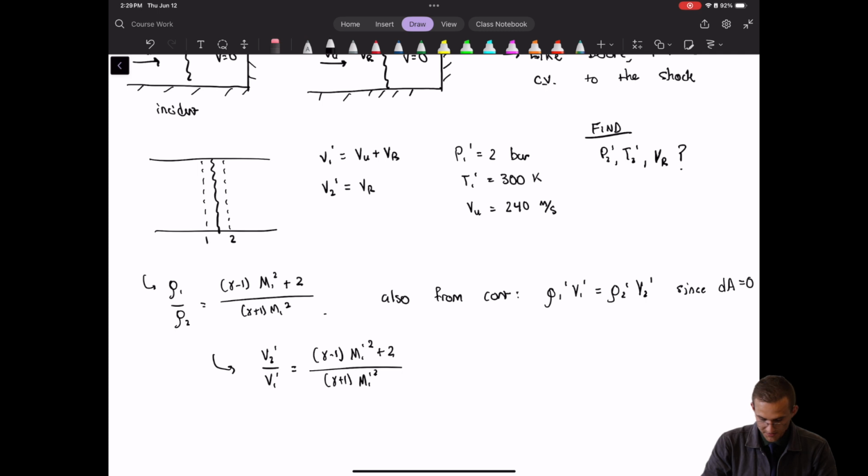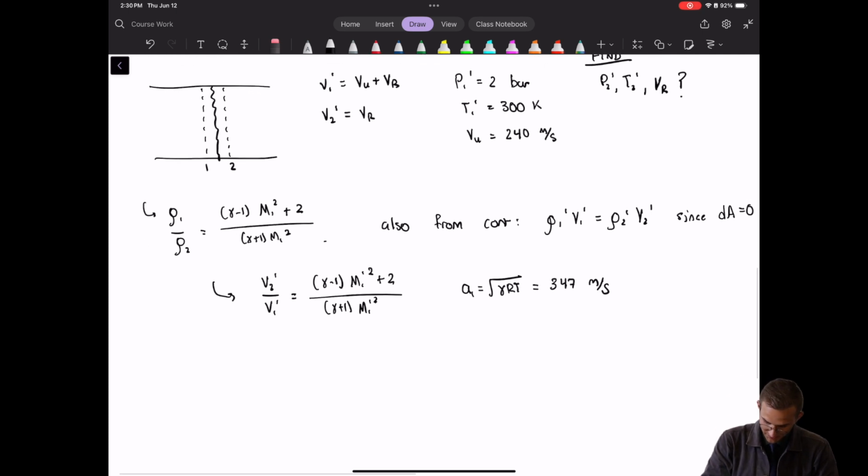Okay? We also know that a prime, or just a in general, for the upstream case, let's say a1, is equal to the square root of gamma RT. T is about 300 Kelvin, and so this is about 347 meters per second. Okay, that's what A1 is.